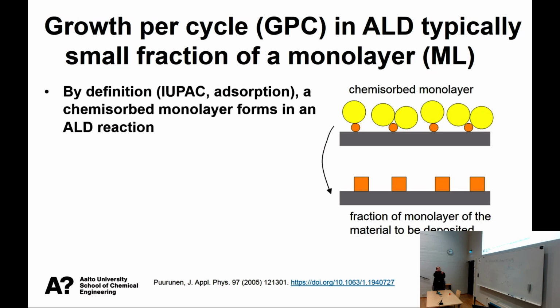Then you remove those ligands and you transform the material to an oxide or nitride or sulfide or something. And then you have those units on the surface from which you keep on building. So a chemisorbed monolayer transforms to a fraction of a monolayer of the material that you make. Does this make any sense to you? Yes.